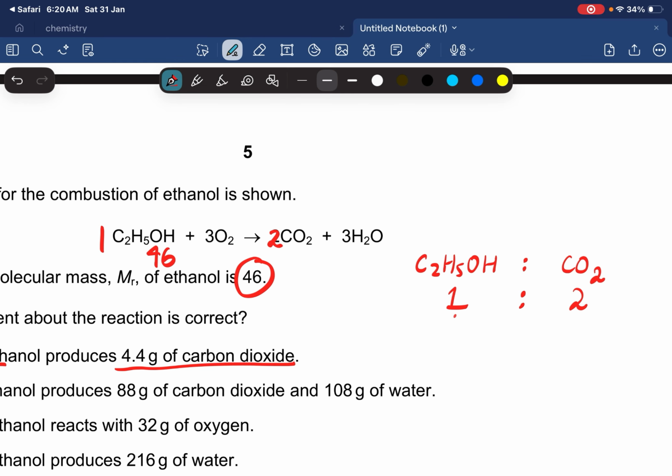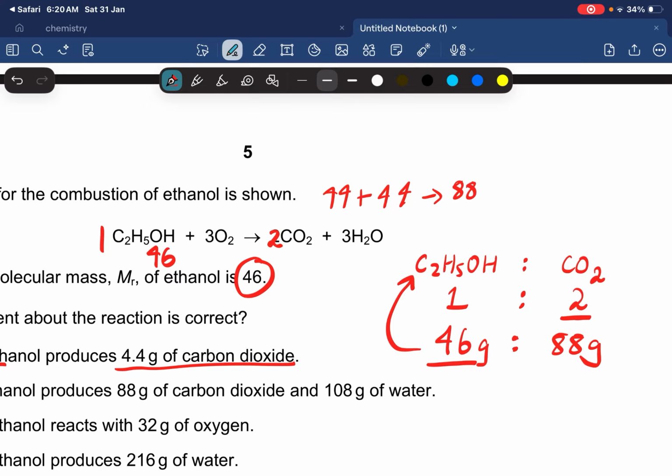The mass of 1 mole of ethanol is 46 and the mass of 2 moles of carbon dioxide is going to be how many grams? 1 mole is 44, so 44 plus 44, that's got to be 88 grams. So if 46 grams of ethanol gives you 88 grams of carbon dioxide, then 4.6 grams of ethanol is going to give you 8.8 grams of carbon dioxide.